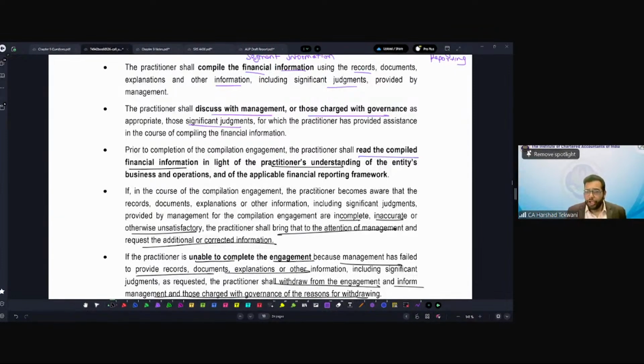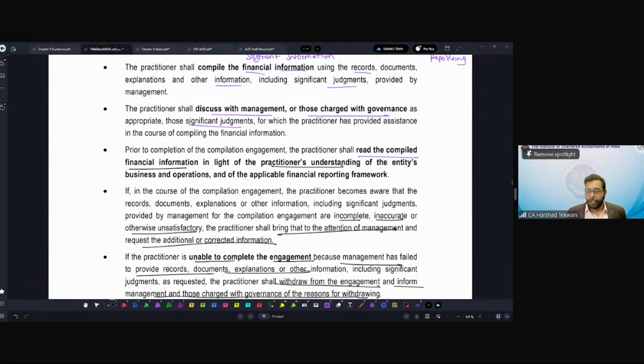No, these are not due diligence, because due diligence involves a lot of investigation, a deep digging. But when I talk about agreed upon procedures or compilation, you may not perform that kind of digging or validation that we perform in due diligence.